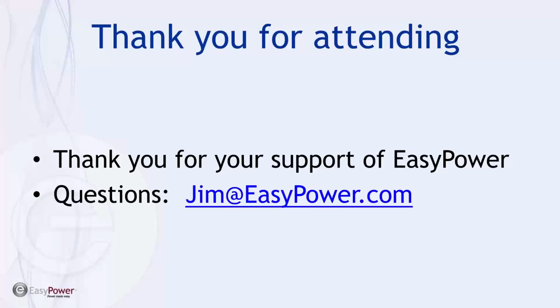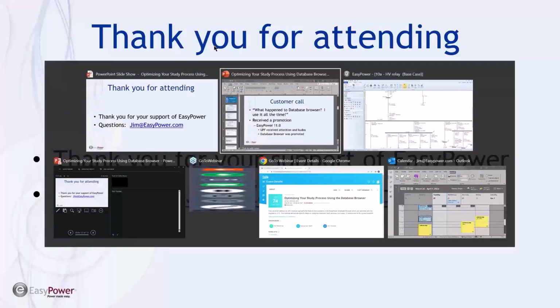So Jason's asking a question that came in late. Is there any chance we can use the database browser to act somewhat like a toolbar along the side of our screen, similar to AutoCAD, and then I can select an entity in the model? Jason, it's almost that way.